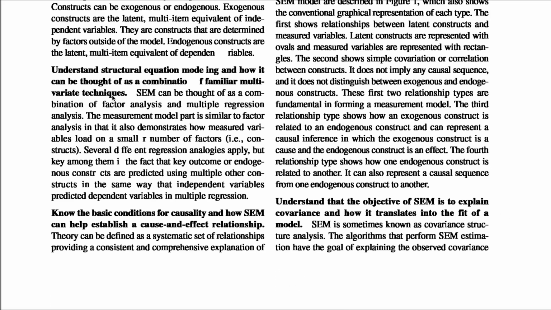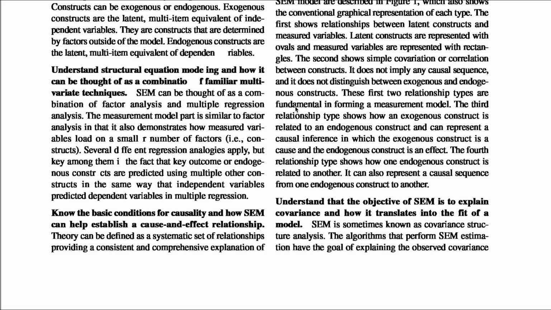Here we will discuss how structural equation modeling can be thought of as a combination of familiar multivariate techniques. Structural equation modeling can be thought of as a combination of factor analysis and multiple regression analysis. The measurement model part is similar to factor analysis in that it also demonstrates how measured variables load on a smaller number of factors.